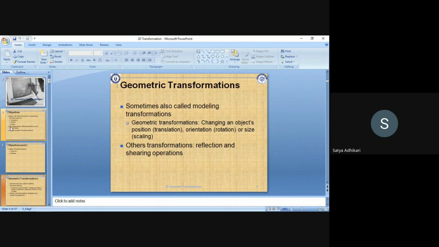Suppose the size is large, you may reduce it, or suppose the size is small, you may enlarge it. You can increase or decrease the size of the object according to our requirement. Other transformations are reflection and shearing. We'll discuss one by one how translation is done, how rotation is done, how scaling is done, and shearing.